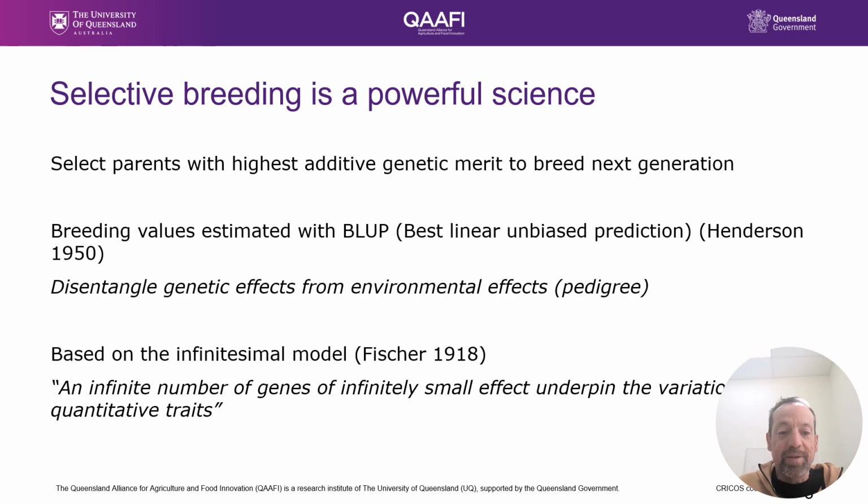These estimated breeding values and the theory behind them is very much based on the infinitesimal model, which was developed by Fisher in 1918. And this model says that an infinite number of genes of infinitely small effect underpin the variation that we observe in the traits that we want to breed for.